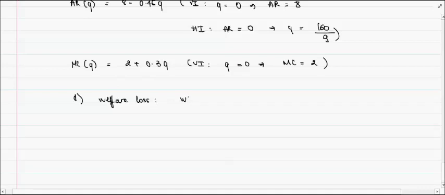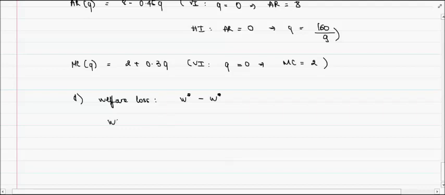W 0, which is the welfare in the socially optimal economy, minus the total welfare in the monopoly, so I would say this W star. Now, the welfare is basically including the consumer surplus and the producer's profit or the monopoly's profit.